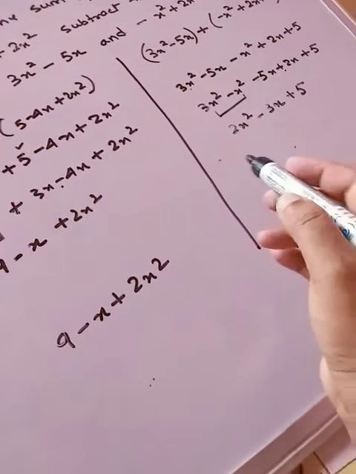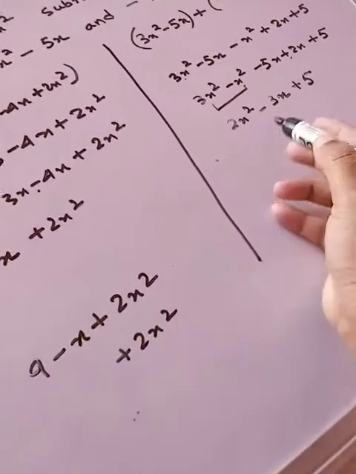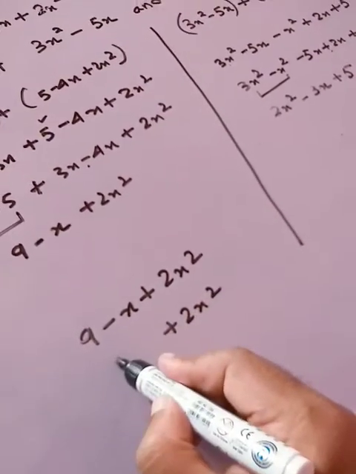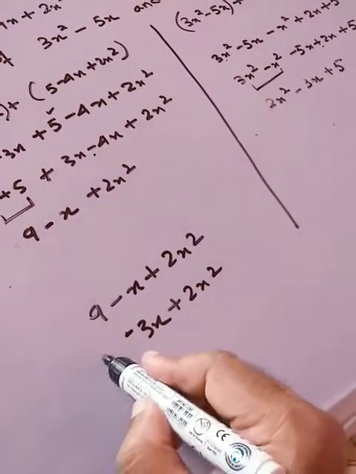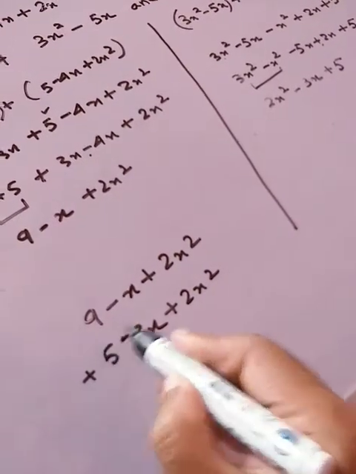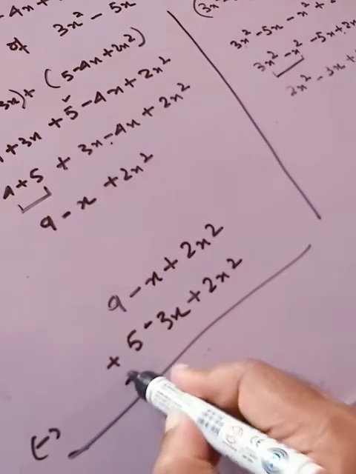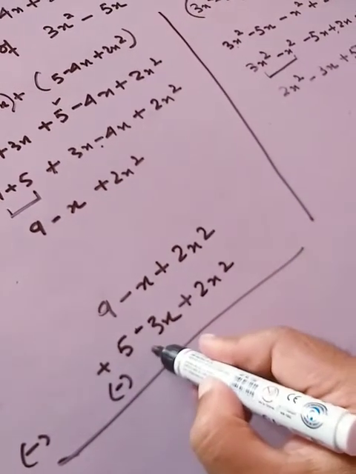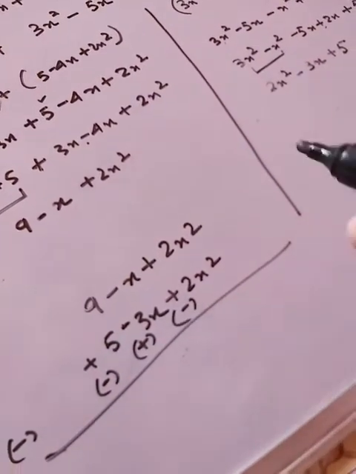Now we'll write x square with x square, so it is carrying 2x square. Now second term is x, so it is carrying minus 3x and plus 5. Now we have to subtract, so change the sign. Plus will become minus, minus will become plus, and plus will become minus.